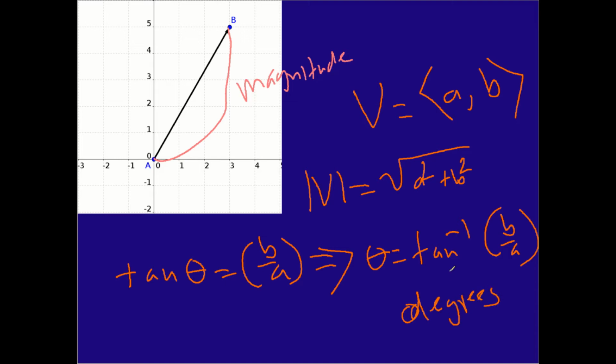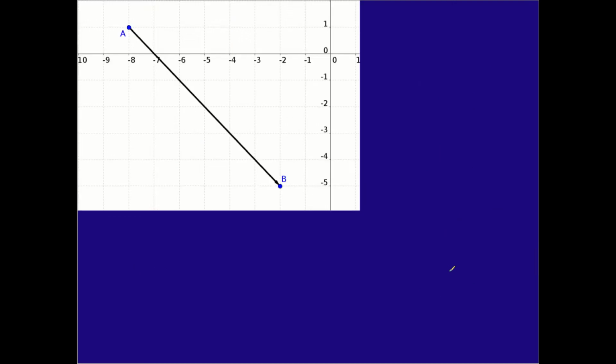So we've talked about this theoretically. Let's look at a practical example and see if we can make this work. All right, so here is our first guy right here. We have an initial point of (-8, 1). So just to make this nice and clear, I'm just going to write this for you. The initial point here is going to be (-8, 1).